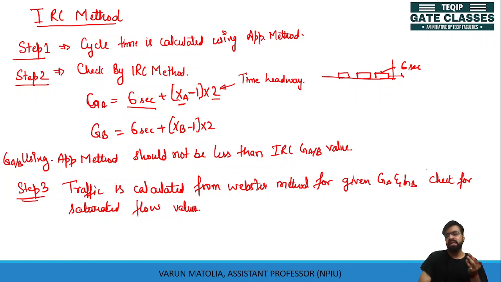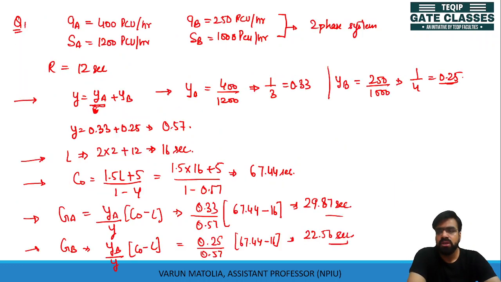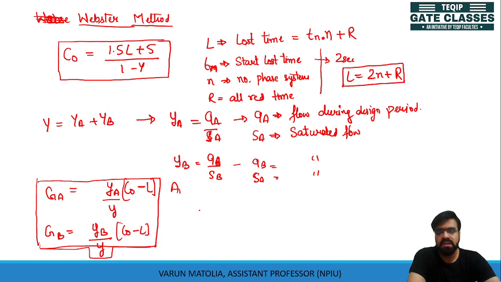So there can be a question in the GATE examination: what are the two methods which the IRC method employs to calculate your green time? You should know the approximate method and the Webster method are the two which the IRC method will use to calculate your green time. This is all about your signal design. You should remember the Webster method, complete formula, complete calculation.